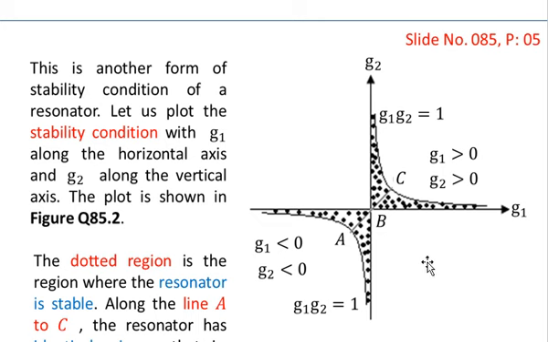Or if you have radii of curvature chosen for your resonator in such a way that you get G1 G2 is equal to 1, either in the first quadrant or in the third quadrant, then for the points lying on the G1 G2 is equal to 1 curve, the resonator will have marginal stability.